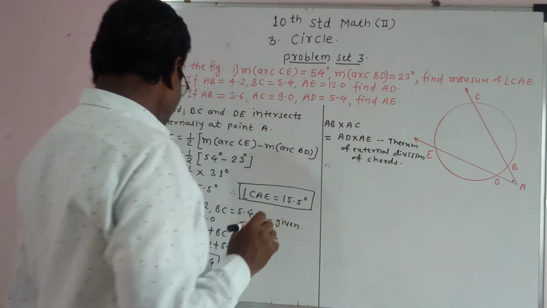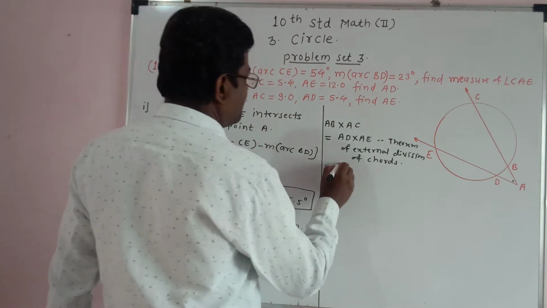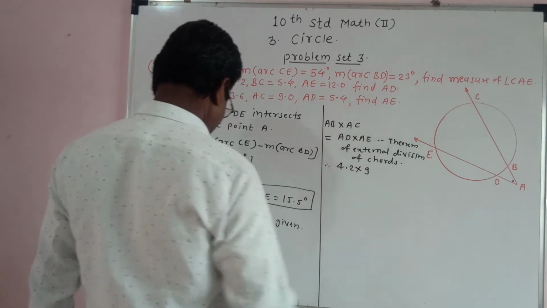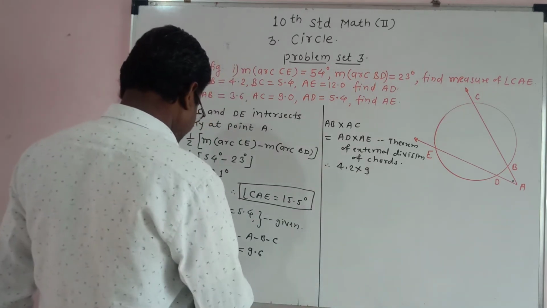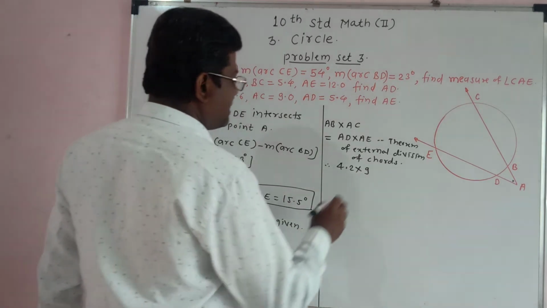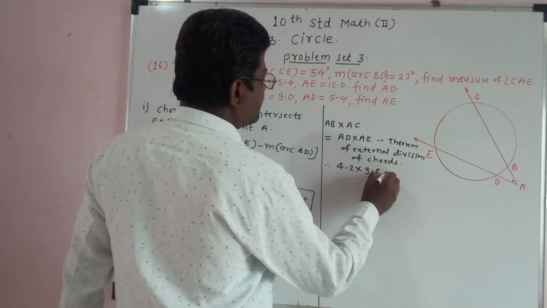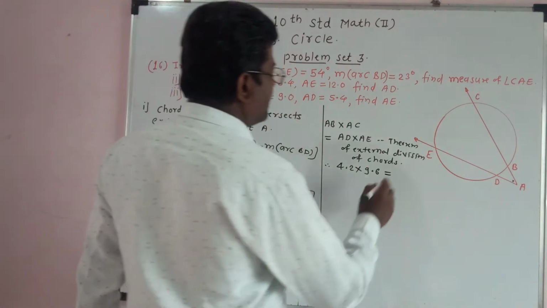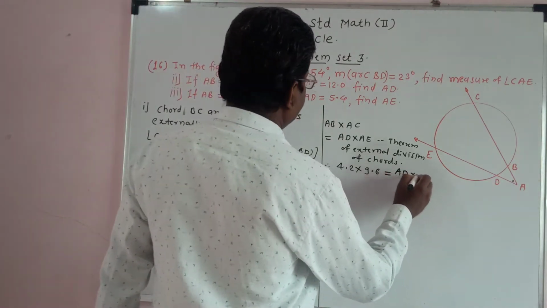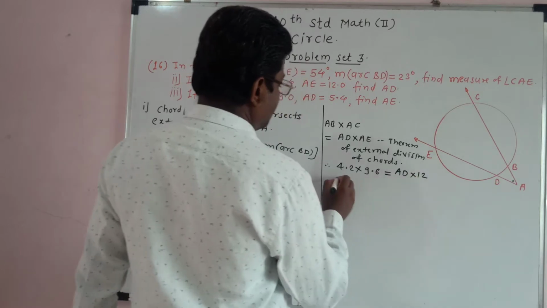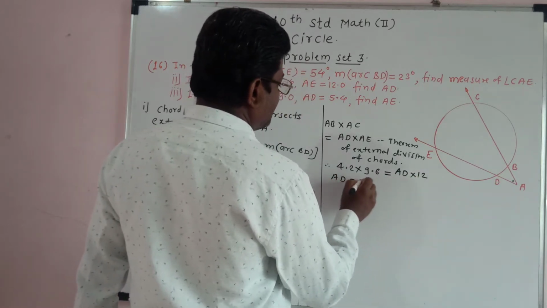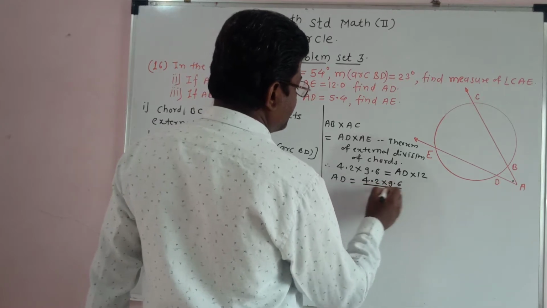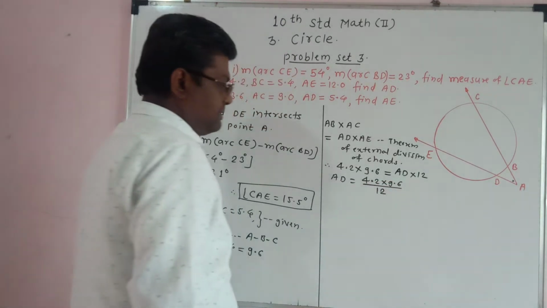Therefore, now AB is 4.2 into AC is 9.6 is equal to AD, which we have to find, into AE is 12. Therefore, AD is equal to 4.2 into 9.6 upon 12.